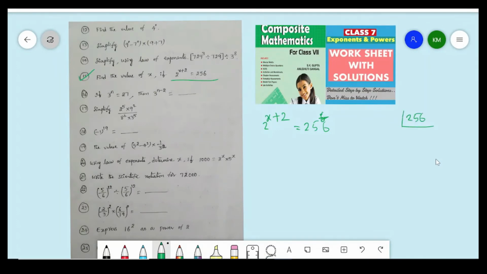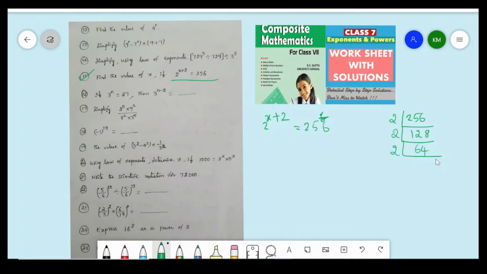I can prime factorize this one. I am just doing prime factorization of 256. With 2 I am starting. 2 one time is 2, 2 two times 4, and 16 will be here, and 2 eights are 16. Again with 2, 128, that is 64 times 2 is 128.